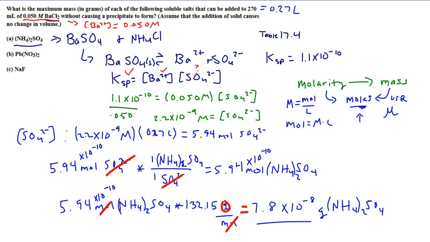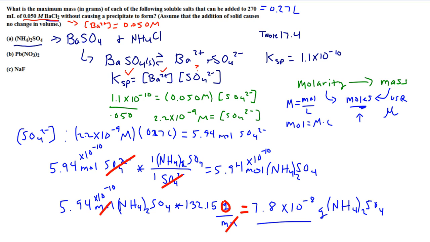We found the Ksp for barium sulfate's dissociation reaction from the table. We knew the concentration of barium, because we had 0.050 molar barium chloride, which is a soluble salt, and it's 1-to-1 stoichiometry between barium and barium chloride, so that was 0.050 molar. So we plugged that in and solved for what concentration of sulfate we would get. Now, this is at equilibrium, so at equilibrium is the most saturated this solution can possibly be.